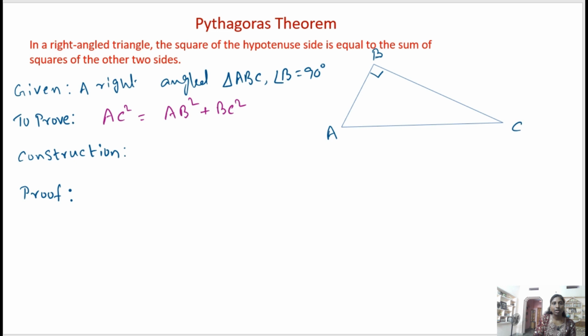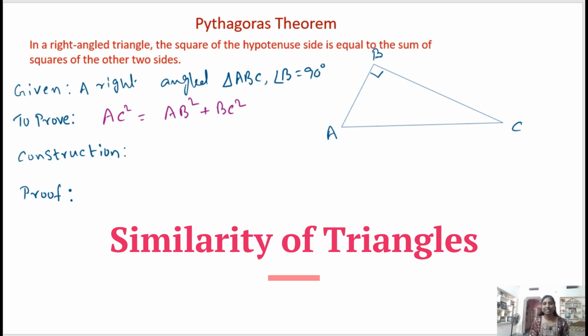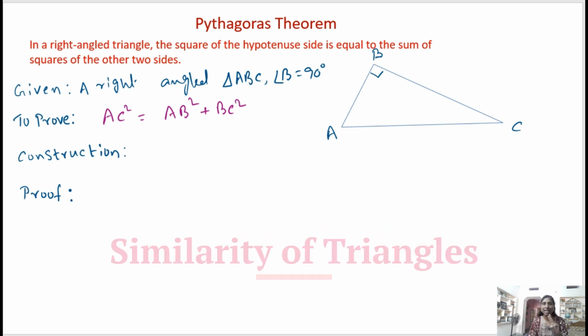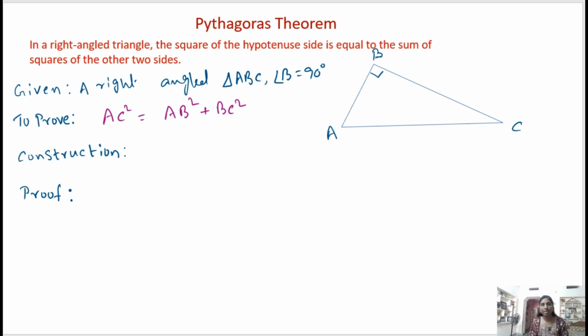Now, how will we prove it? We will prove this theorem using the similarity of the triangles. For that, to use the similarity, we need at least two triangles, but here we have only one triangle. So we need to do some construction. Let us drop a perpendicular from point B on the opposite side, it means on the hypotenuse.